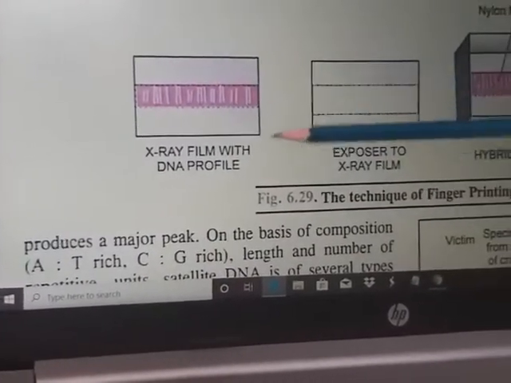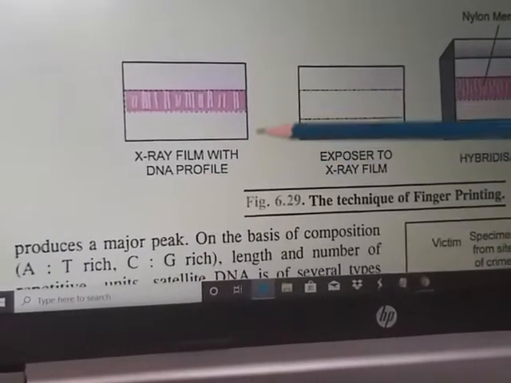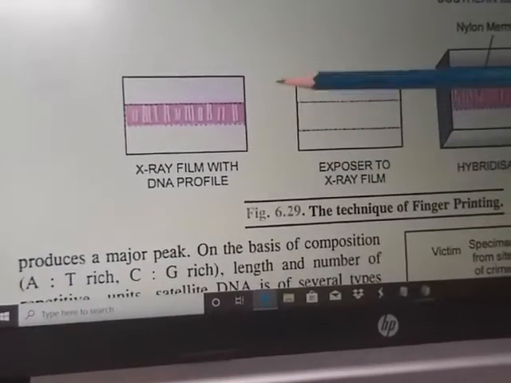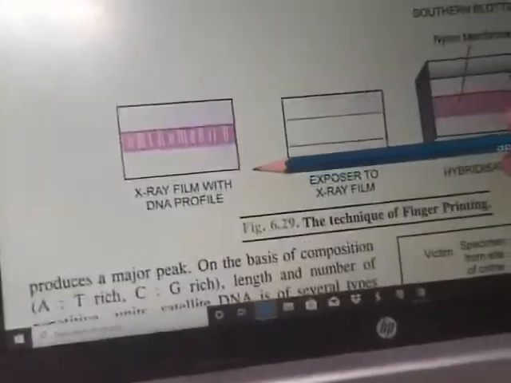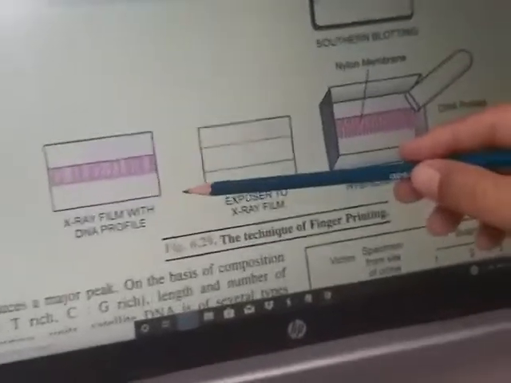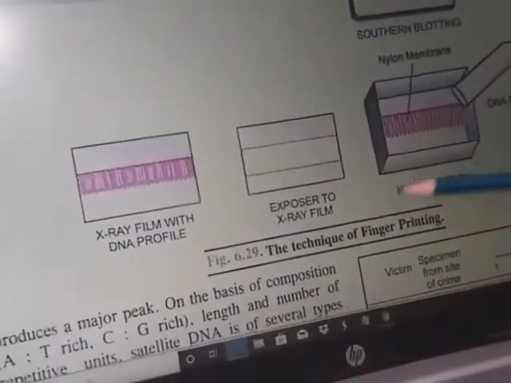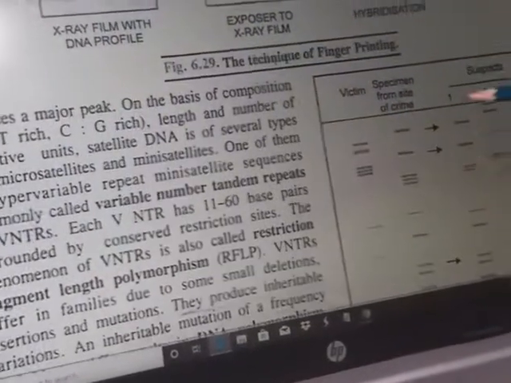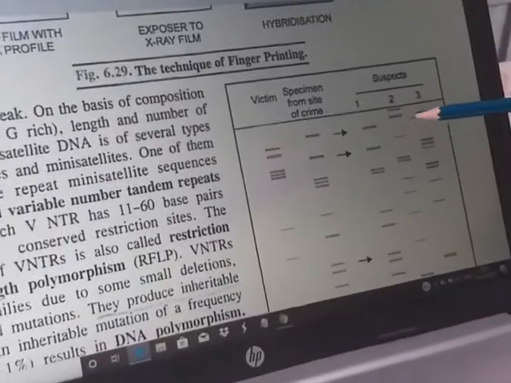And when we can see the bands, we can compare the bands of the suspect with the claimants or of the child with the parent, whatever case we want to compare. See the bands, we got the bands over there and we can compare.